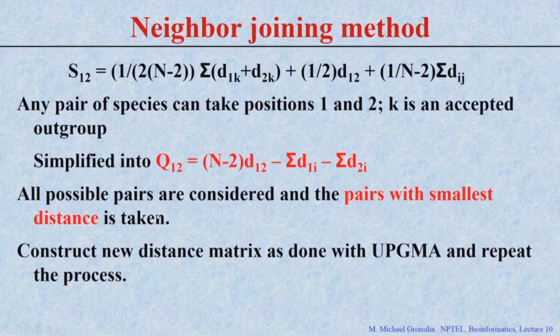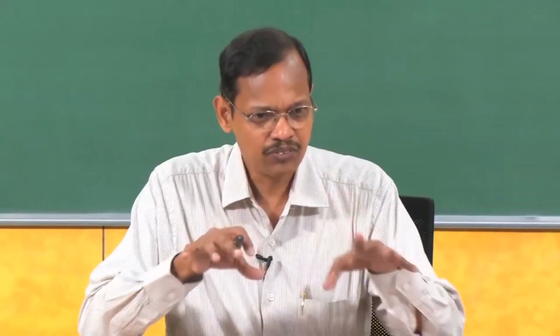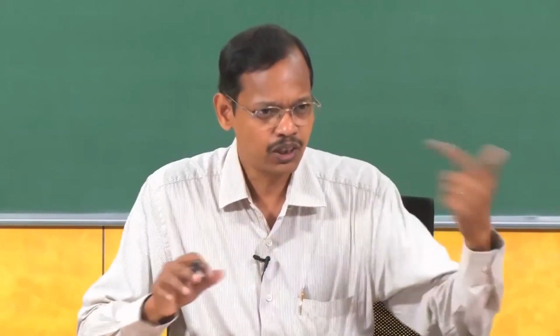Based on that they derive this equation, okay, it is a complicated equation depending upon the distance, to get the possible pairs which are connected to each other with respect to the smallest distance. Once the smallest distance is found, then they can use the standard method to get the distance matrix as well as the trees. The simplest idea is they try to utilize the information from different species together rather than doing one by one.